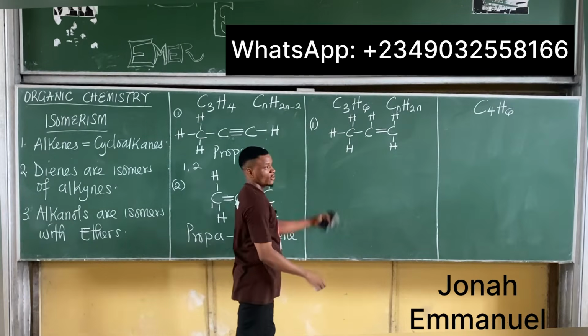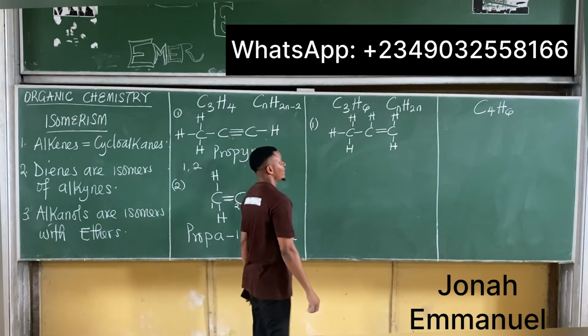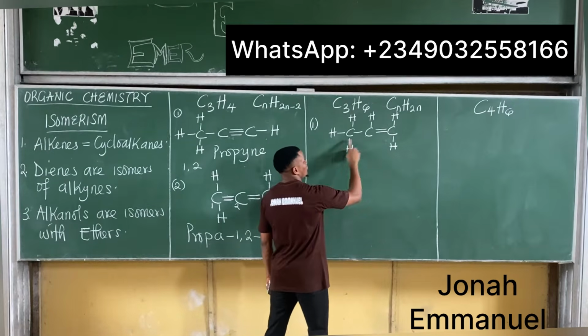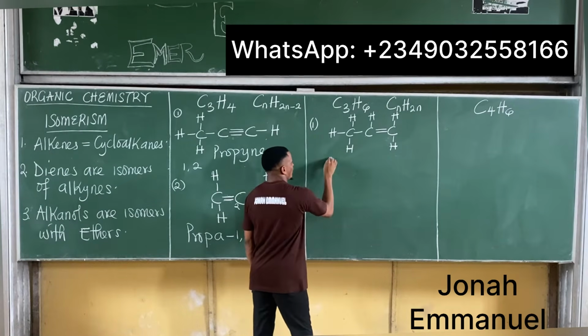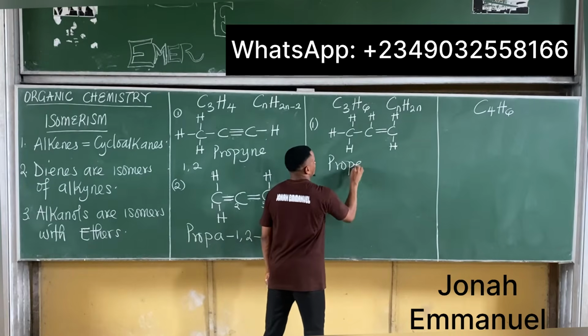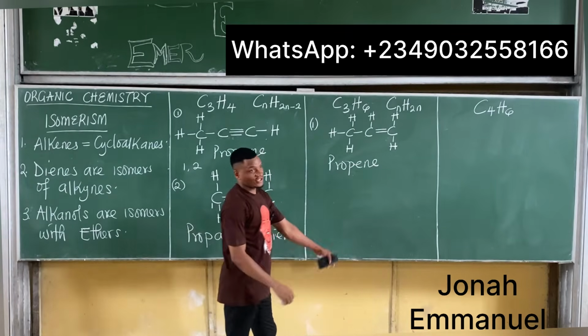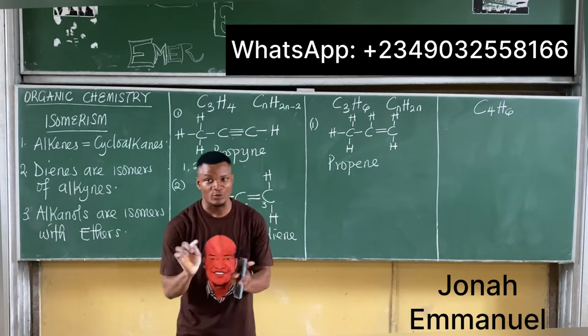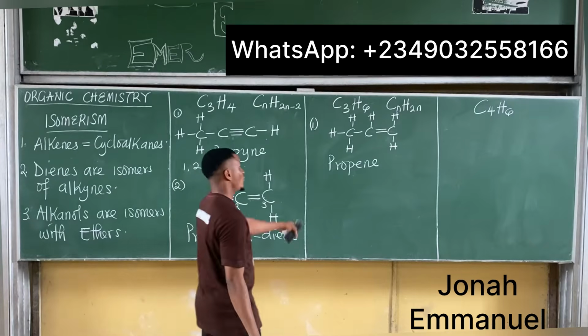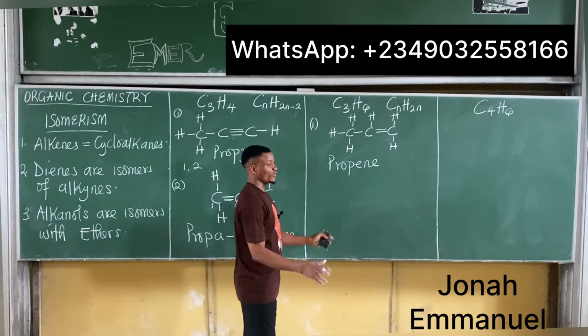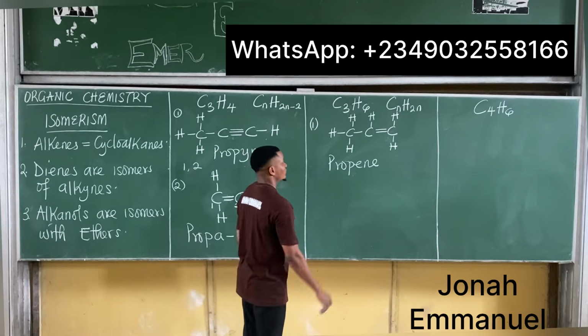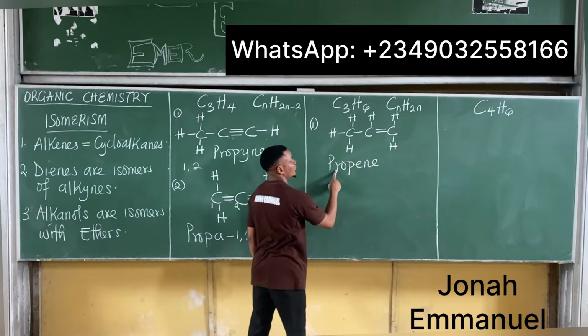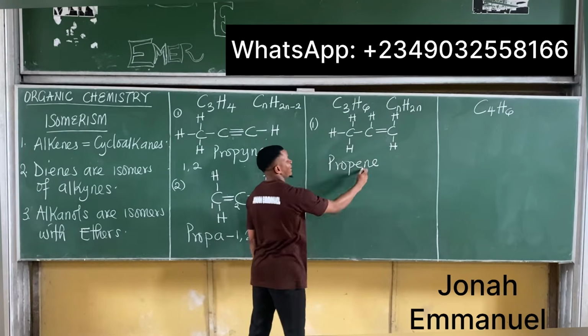C3H6. That's correct. So name this compound. Which compound is this? Propene. If you say prop 1 ene, note that there's no prop 2 ene. So you can say 1 propene or prop 1 ene, no problem, or you can say propene, because prop means 3 carbons, and then the double bond makes it an alkene.